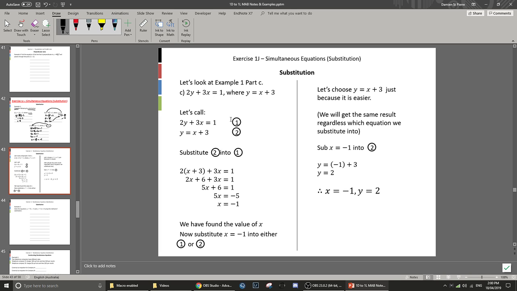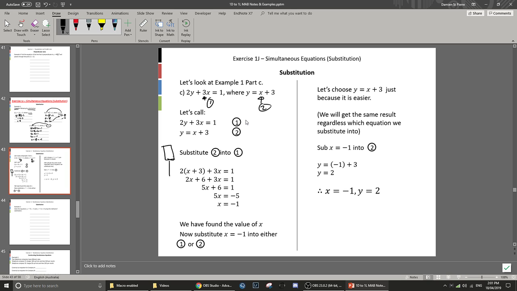Now if we're being rigorous, which we always want to be in our mathematics, we actually define each equation. So we're going to call this equation 1 and we're going to call this equation 2, and we road map, okay, we signpost. We're letting whoever's reading our work know what we're actually doing.